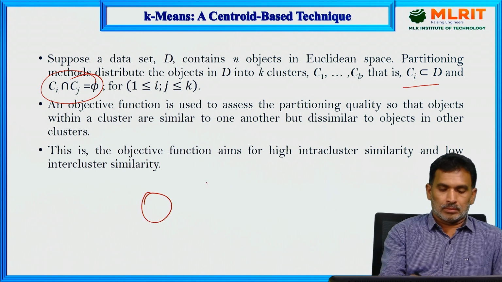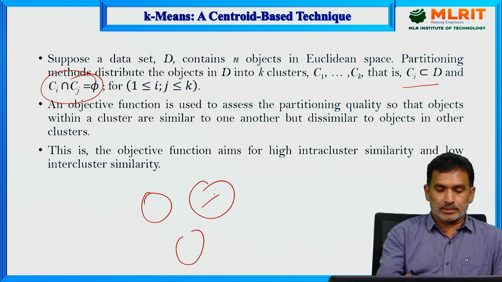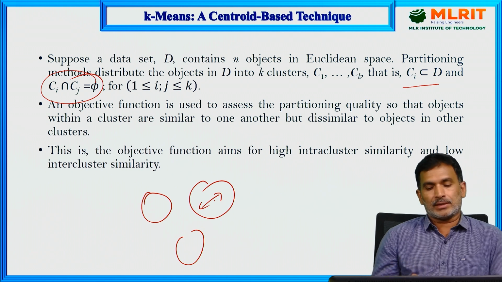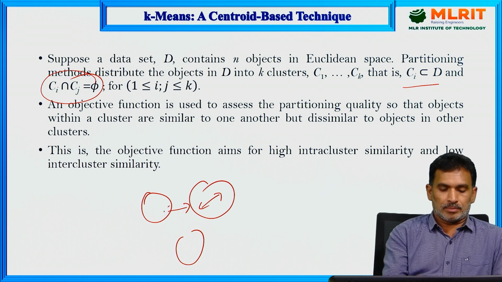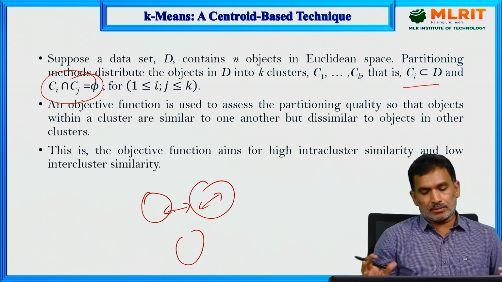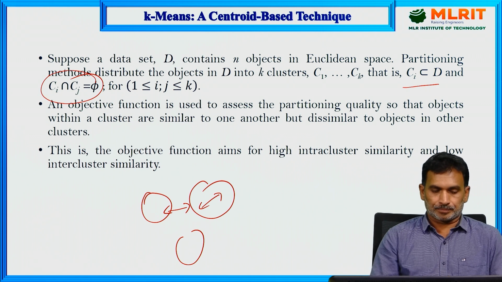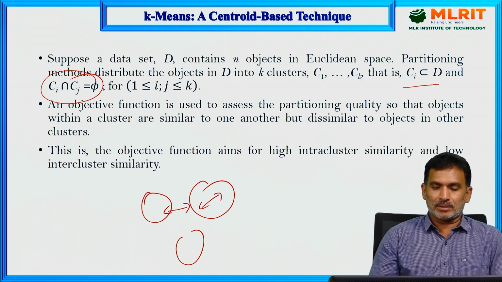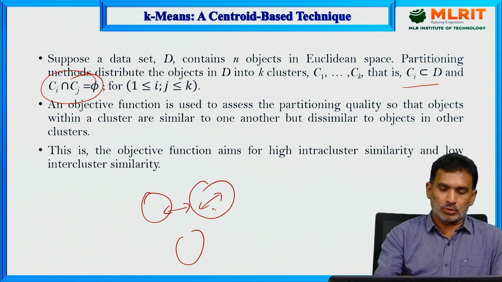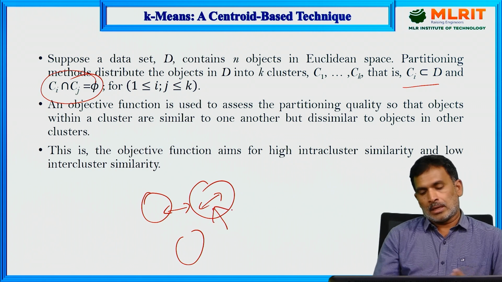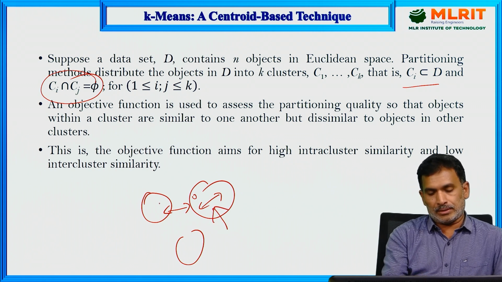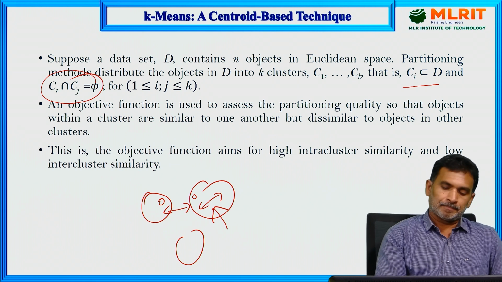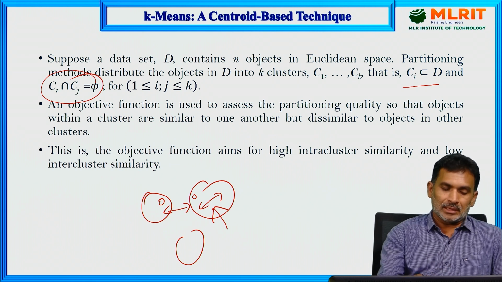That is, the distance between objects within the cluster versus the distance between objects outside the cluster. The intra-cluster similarity should be high, and if you take any data point from two different clusters, the inter-cluster similarity should be low.